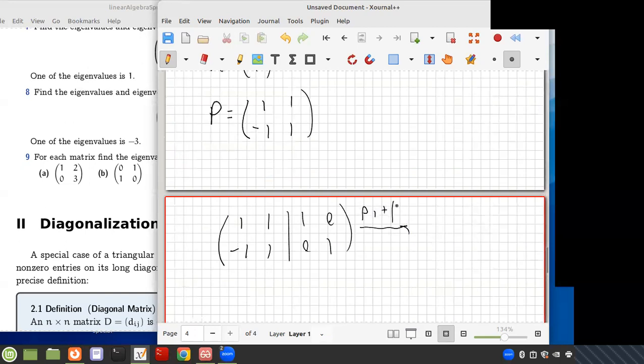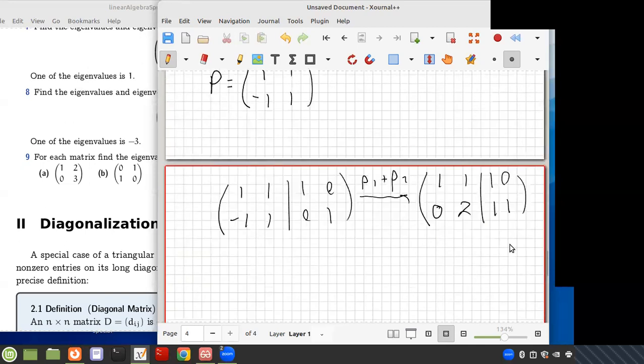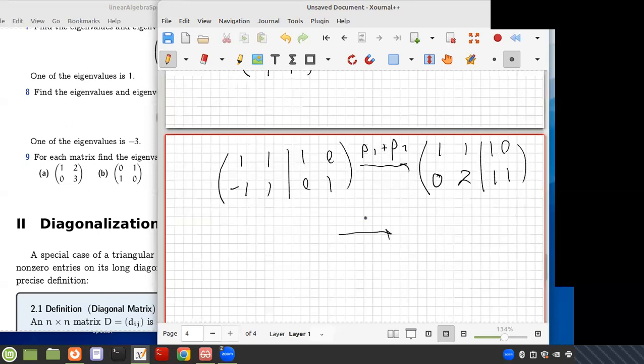Row 1 plus row 2 produces 1, 1, 1, 0, 0, 2, 1, 1. Okay. And then we can do plus 1/2 row 2, to get 1, 1, 1, 0, 0, 1, 1/2, 1/2.